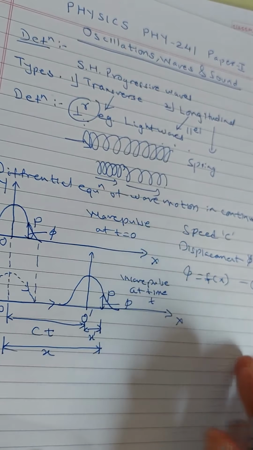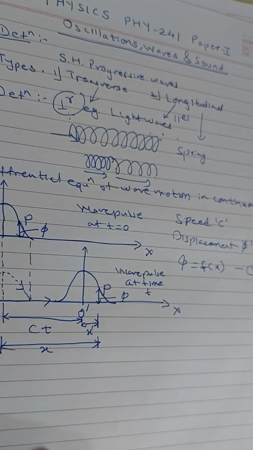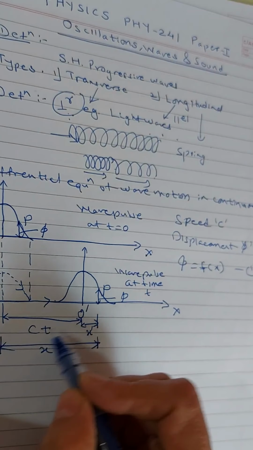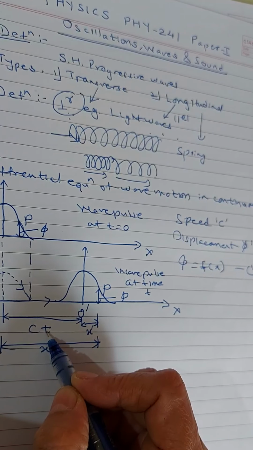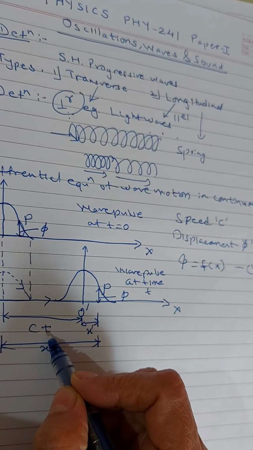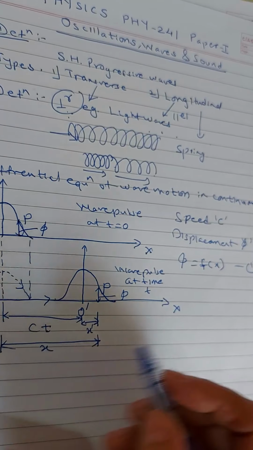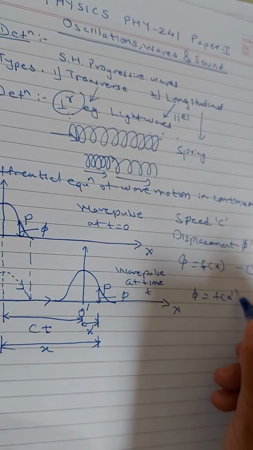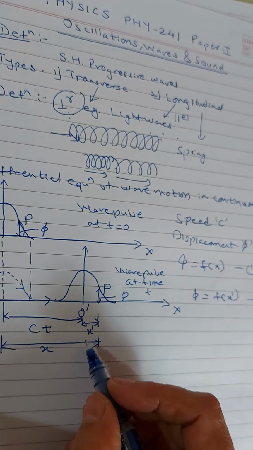At time t, the wave covers a distance x is equal to ct, c into t, and at time t the waveform can be represented by phi is equal to f of x dash. Now why x dash?